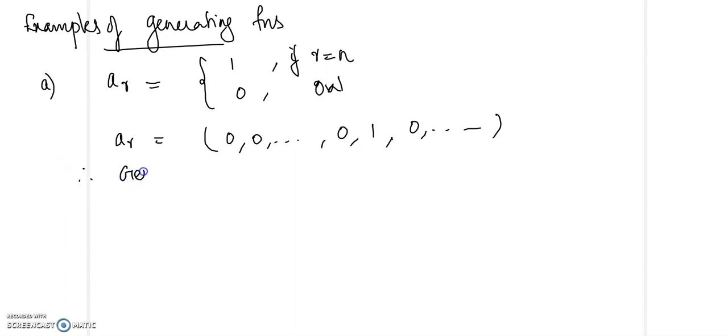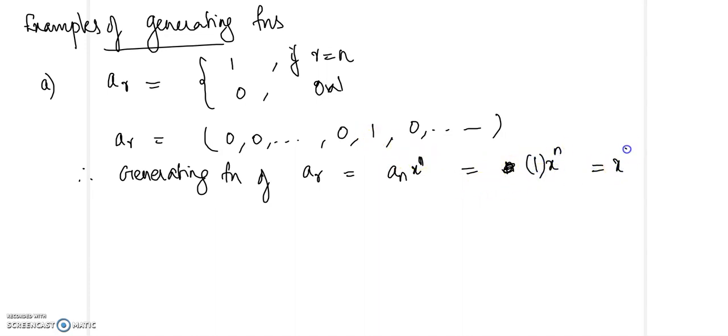Then the generating function of a_r will be given by: a0 is 0, a1 is 0, a2 is 0. Only a_n x raised to n will come, remaining will be 0. So that will be 1 into x raised to n, since the value of a_n is 1. So that will be equal to x raised to n.